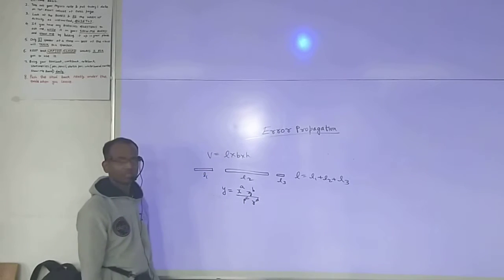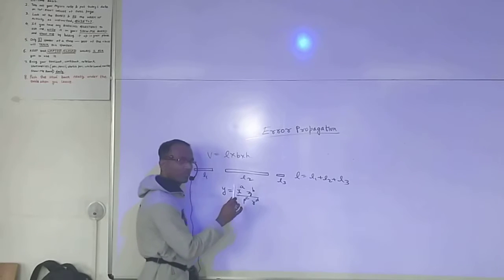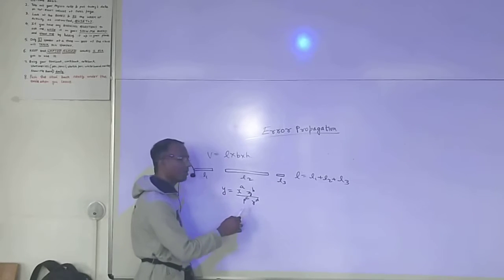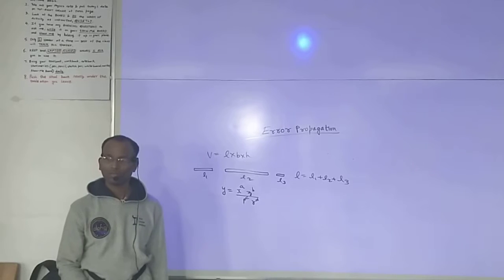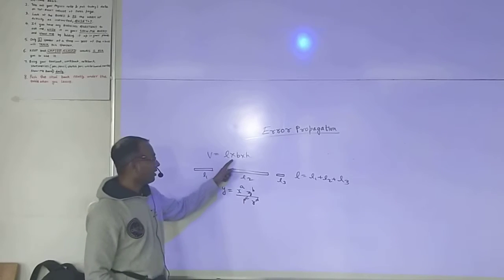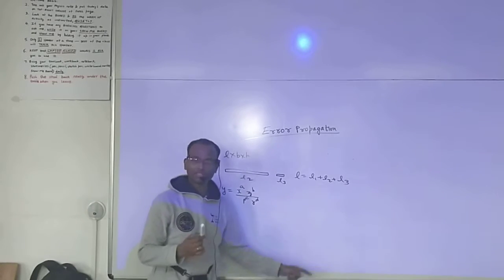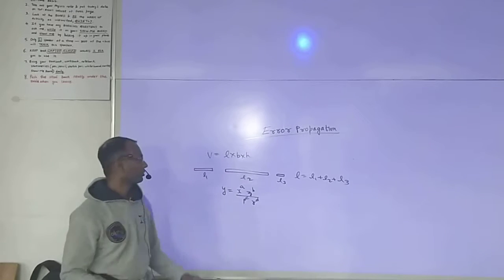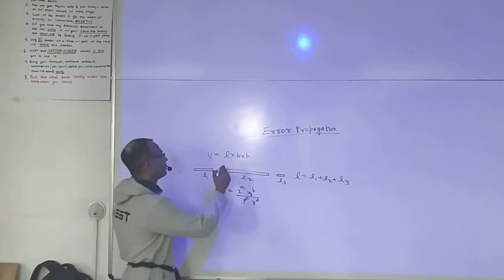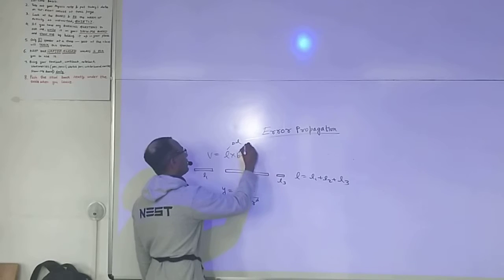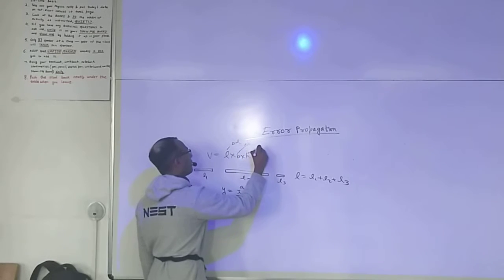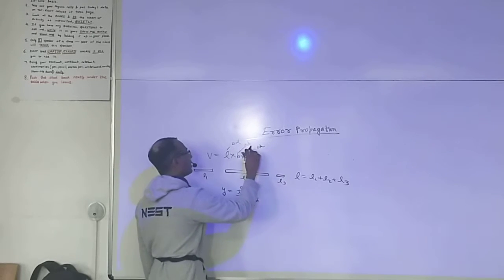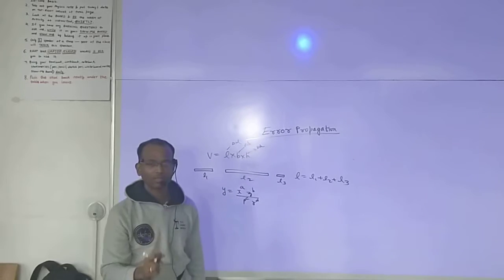This is some complicated function where a, b, c, d are numbers, and x, y, p, r are measurements. So each of these measurements L, B, H, L1, L2, L3 has some absolute error. So L will have delta L, B will have delta B, H will have delta H. So delta represents a change, an uncertainty.